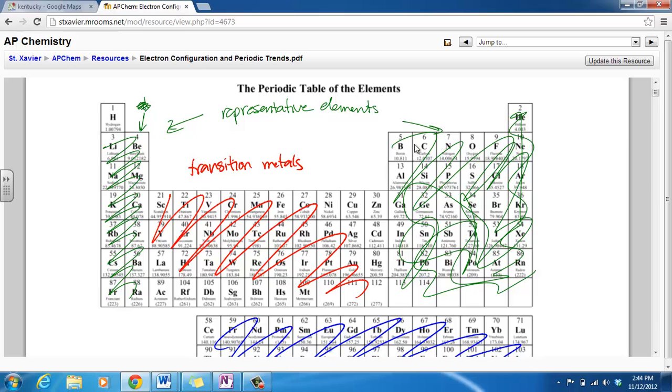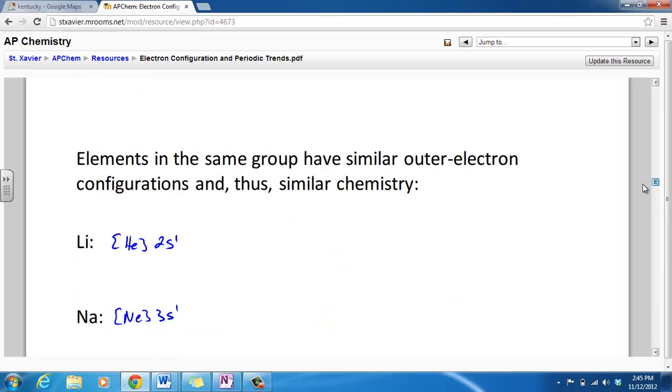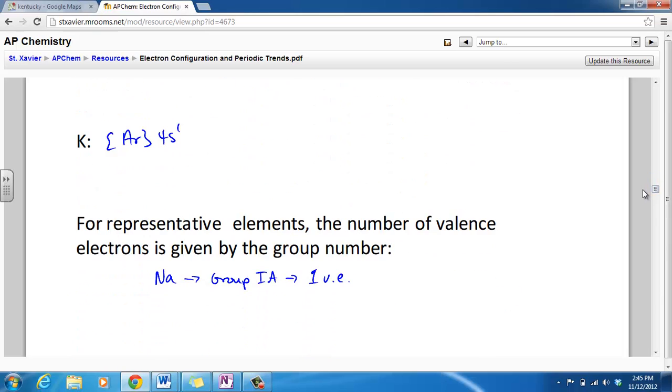So those tell you the number of valence electrons. Nitrogen would have 5 valence electrons, so it would have 2 of the electrons in the s and then 3 in the p, and all those would be in the same shell, and that would be the valence shell. And so we would say it would have 5 valence electrons. So for representative elements, once again, the group number corresponds to how many valence electrons you have. Okay.